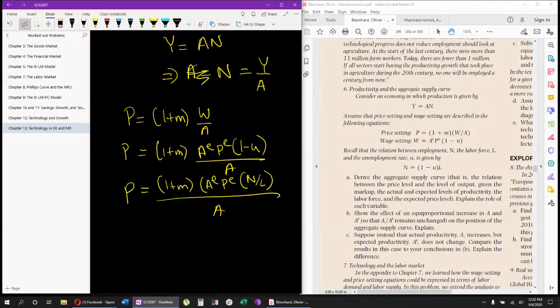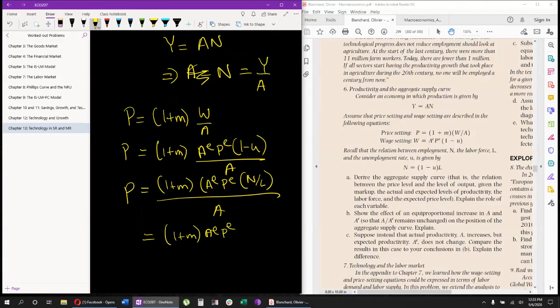And now I can substitute N. So what I will get is 1 plus M, AE, PE.